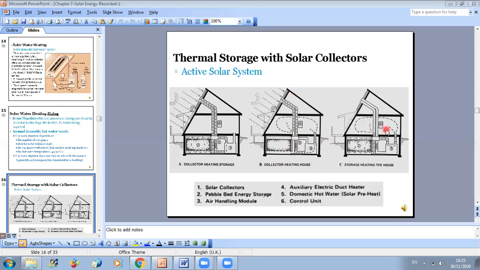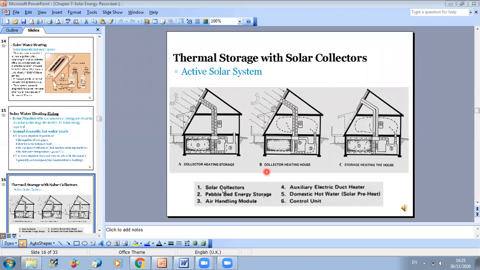During night, I don't have any more solar energy, and the temperature inside my space will begin to decrease. So what I can do now is circulate air around my thermal storage, where the air can be heated from the thermal storage, which will deliver energy to it, and then the air can be transmitted back to the space.